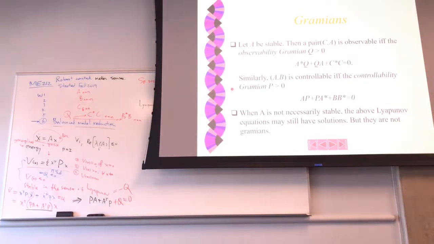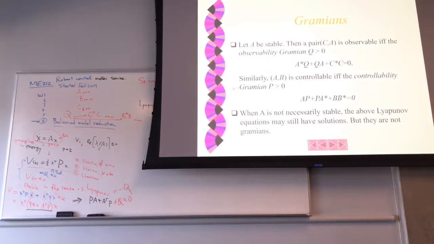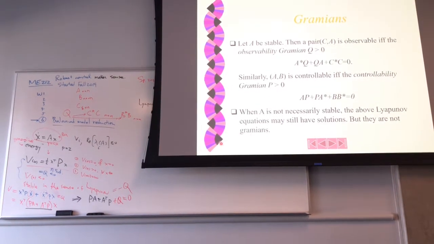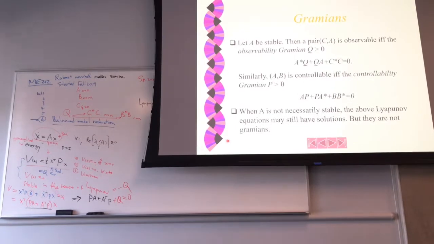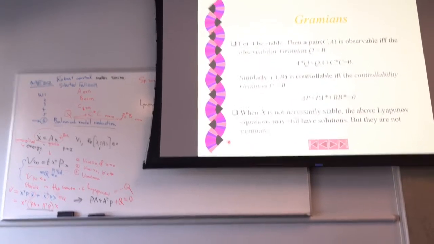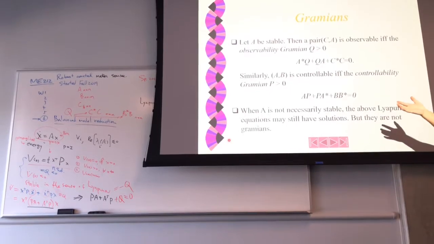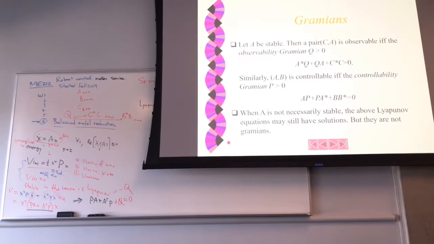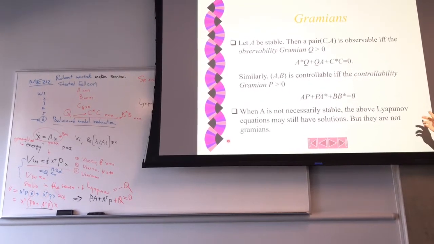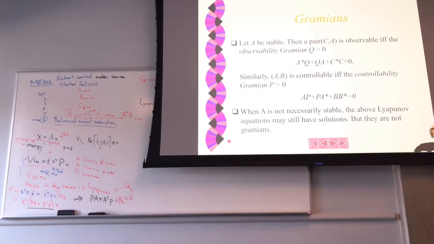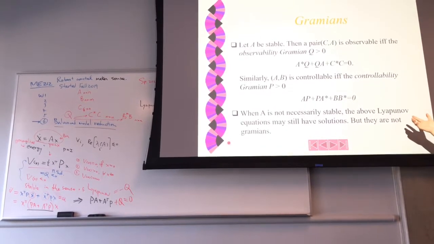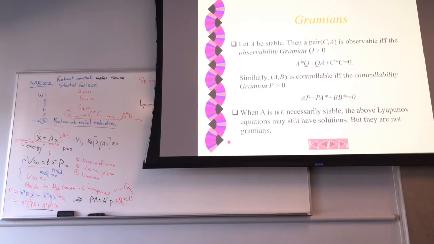So let's focus on that. Only when the system is stable, this is important. Only when the original linear time invariant system is stable can you say that the solution of the Lyapunov equation happens to be the Gramian.